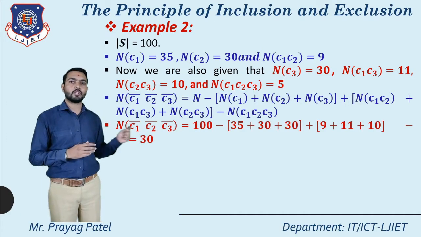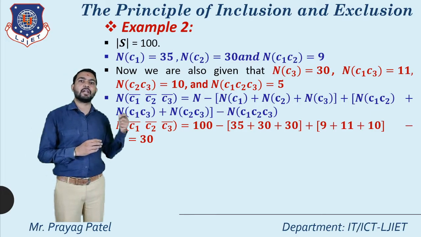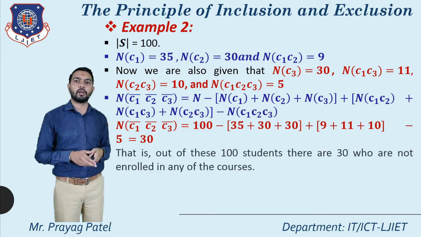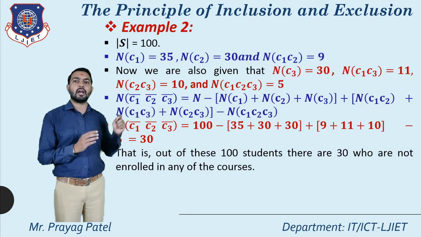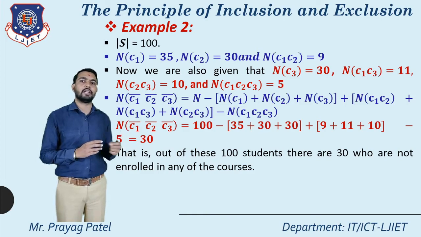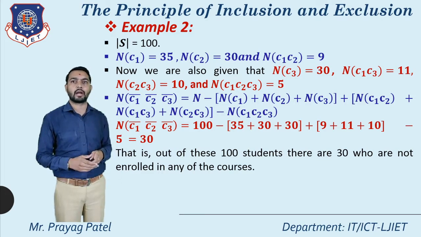Now put in the values of n, NC1, NC2, NC3, all the values, and we get the result equal to 30. That means 30 students are not enrolled in any program. NC1 dash C2 dash C3 dash means not enrolled in any program.